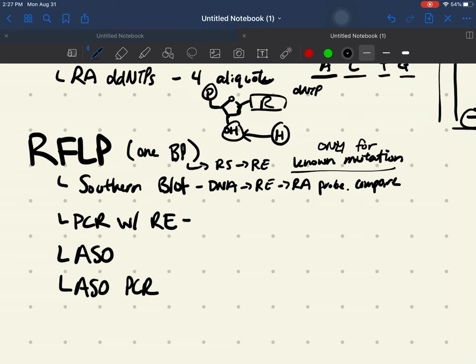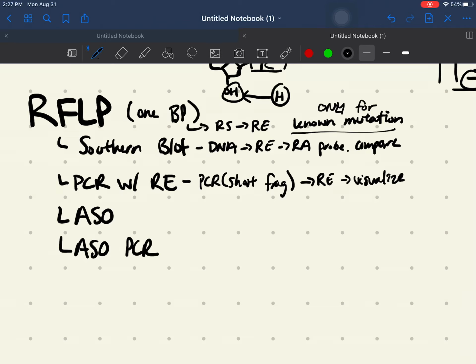And then for PCR with restriction endonuclease, basically this is a newer technique, and you're just taking your PCR of a very small fragment that you're going to look at. You PCR a short fragment, okay? And then you're going to use a restriction endonuclease to digest, and then you're going to visualize using ethidium bromide. That basically just stains any DNA and allows you to visualize it on an agarose gel.